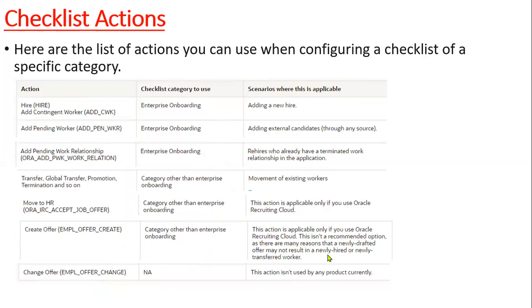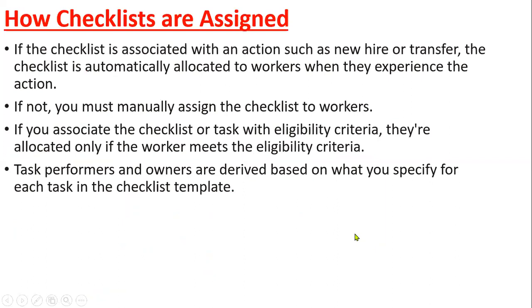And how is the checklist assigned? If you would like to assign the checklist to an employee, we have to go to person management, search for the employee, and go to manage employment information. There we go to the allocated checklist option and assign the checklist to the employee.